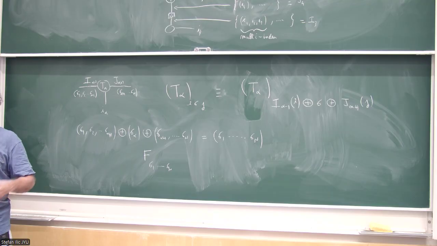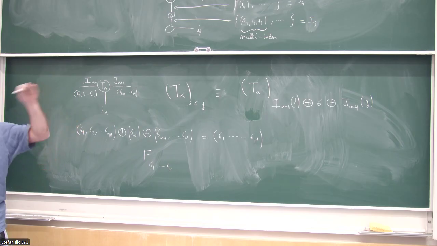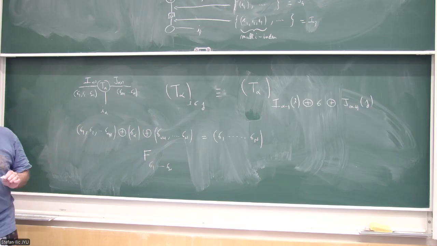So you see that the TCI approximation is entirely made out of slices of the huge tensor, where I go through several of the left-hand side and several of the right-hand side.